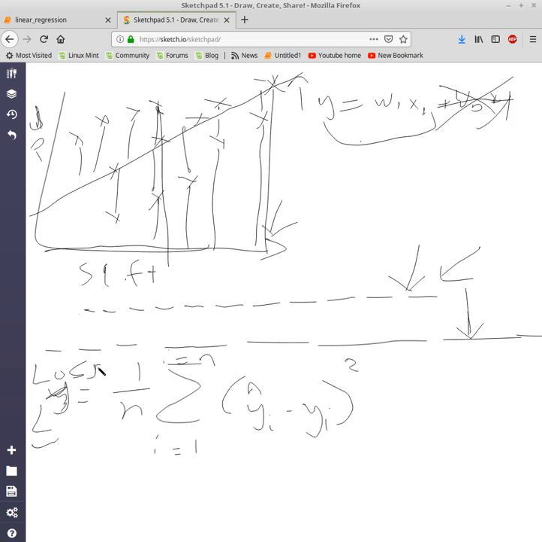So y hat is our predicted value. So y hat is equal to w1 times x1, where we initialize w1 equal to 0.